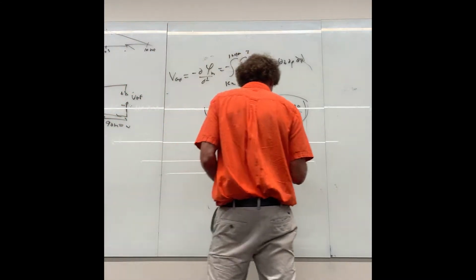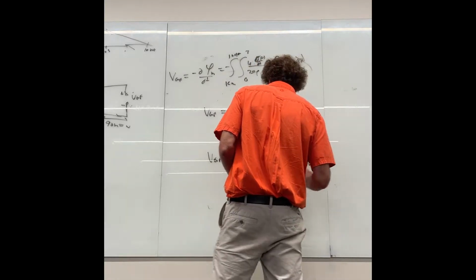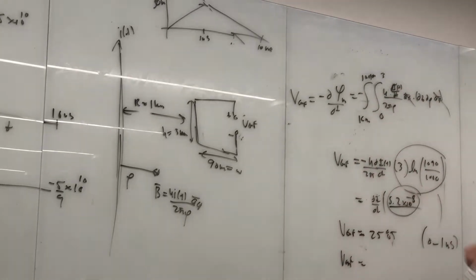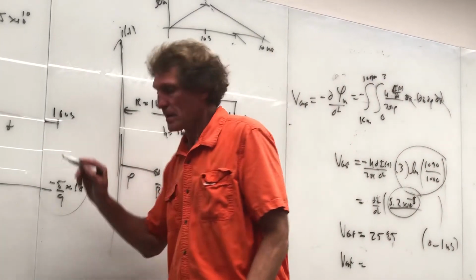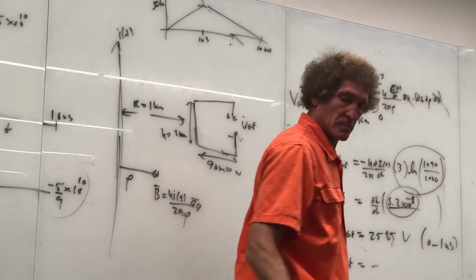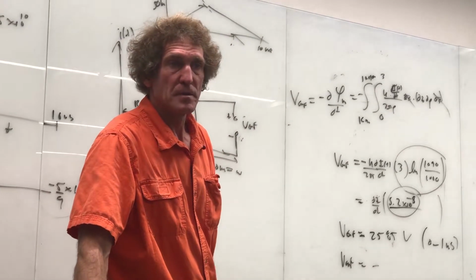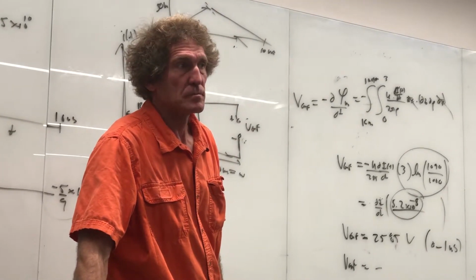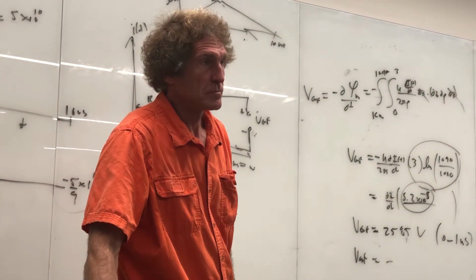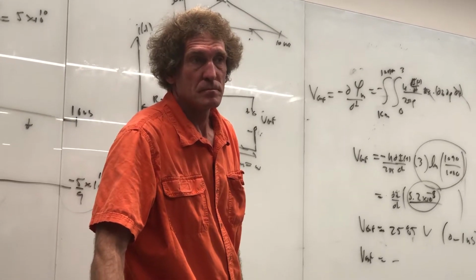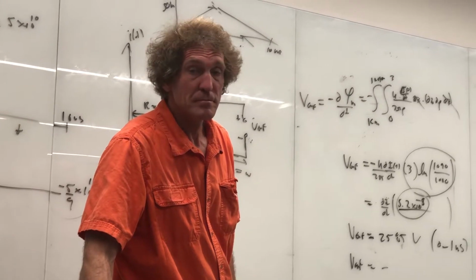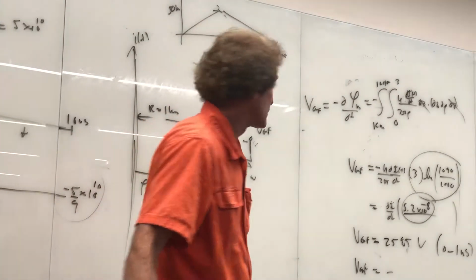2585, and that's from 0 to 1 microsecond, and then VEMF will be equal to, and now take this same number times this. Volts? Anybody? So it sounds right, yeah.